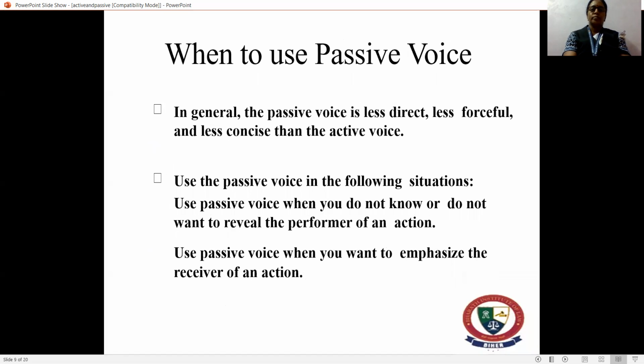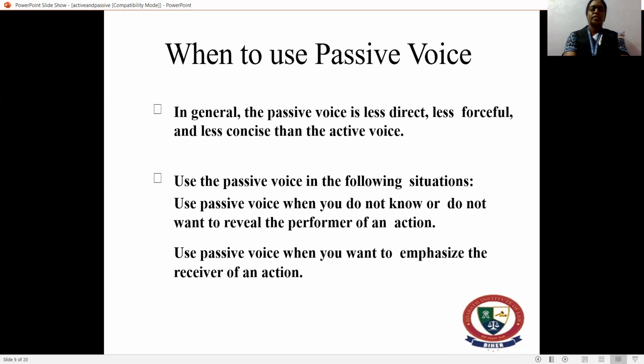Now, we have seen lots of advantages of why we generally use active voice. As we have said, it is not awkward, it is not confusing, it is clear, it is direct, and we can easily identify the subject and the action done by the subject. Then we can question what is the need for having passive voice sentences. Why should we have them?